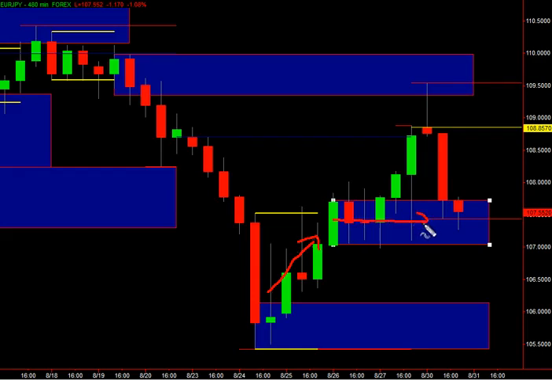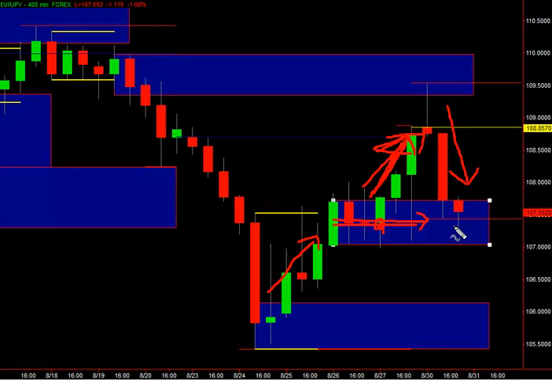Now as price sells off, what we can see is it's come back into that previous location, not necessarily because price paused, but because this is where price previously made that next move up. That's where that movement started.